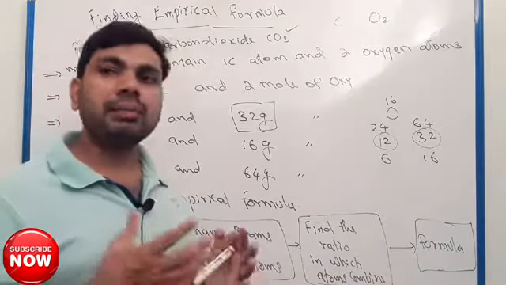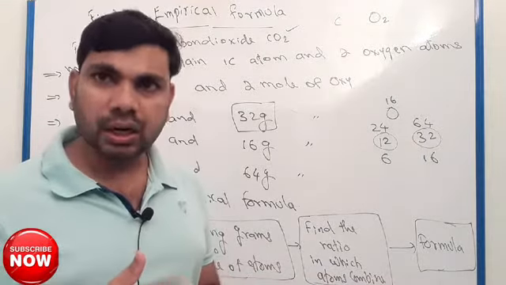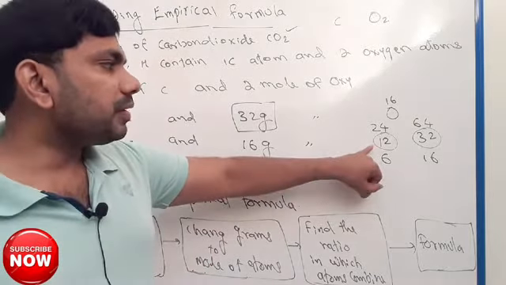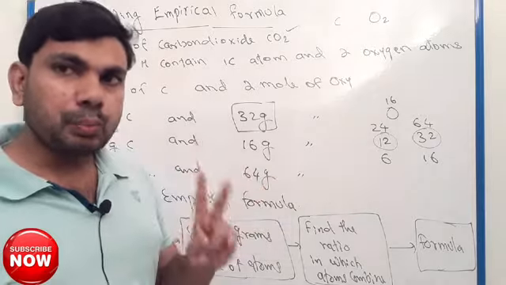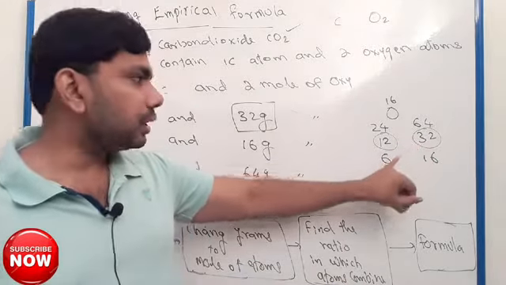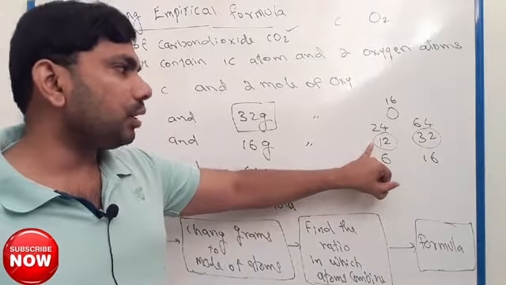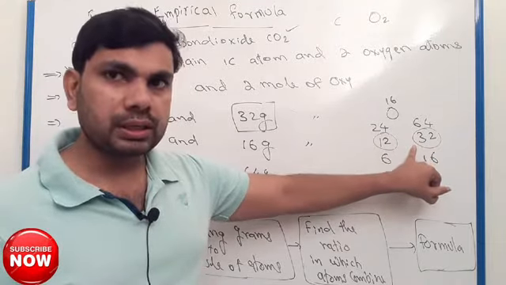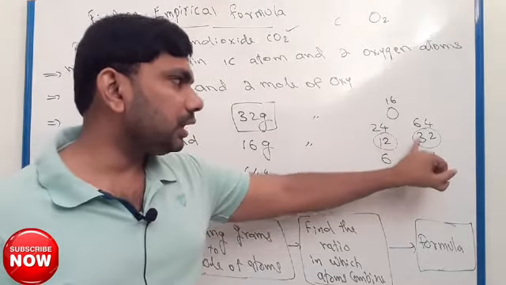So carbon dioxide contains 1 mole carbon, which is 12 gram carbon, and 2 mole oxygen, which is 32 gram oxygen. So 12 gram carbon reacts with 32 gram oxygen.